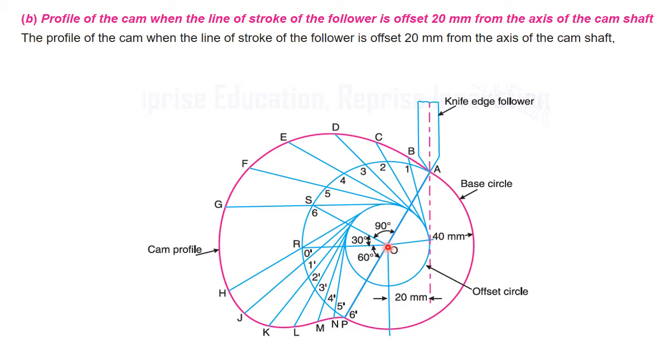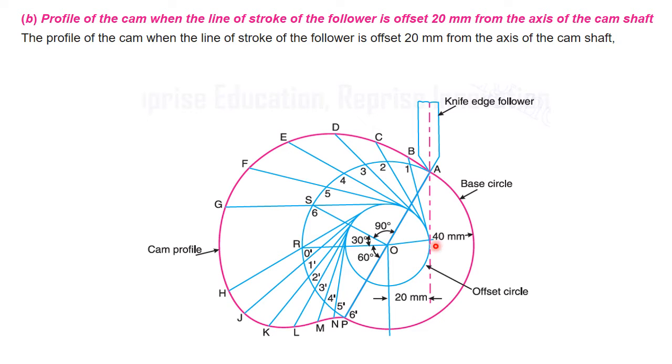We have taken a point O and take a radius of 40 mm. Draw the circle. That circle is known as the base circle of the cam.